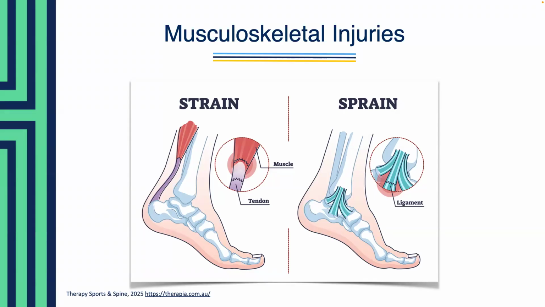Satellite cells are muscle stem cells that become activated in response to injury, proliferate, and then fuse to form new muscle fibers or repair damaged ones. Now we know signs and symptoms of muscle strains can include swelling, bruising, loss of strength, and even decreased range of motion.